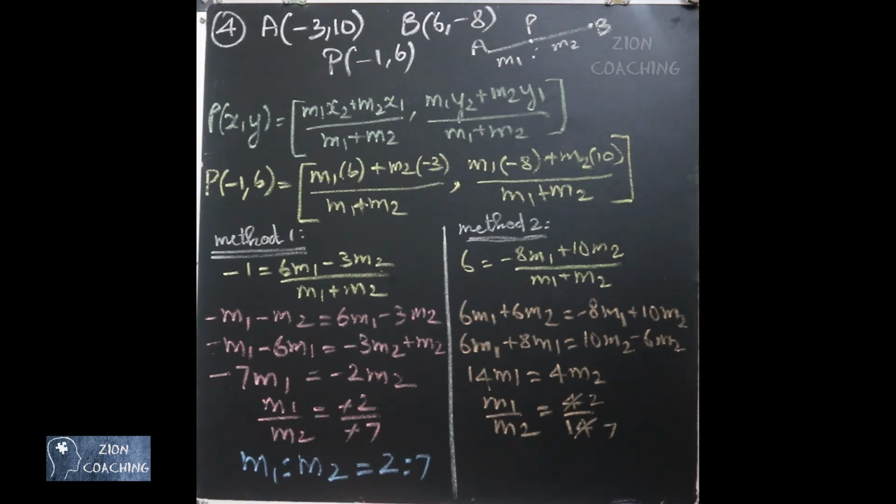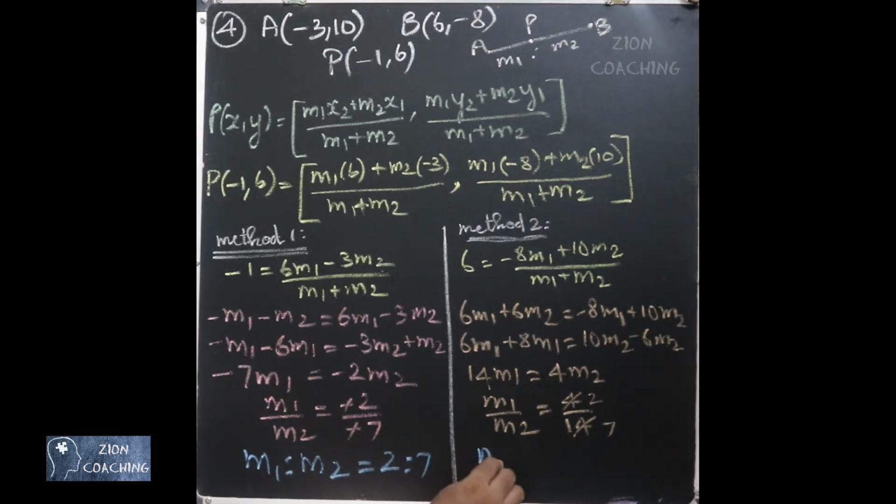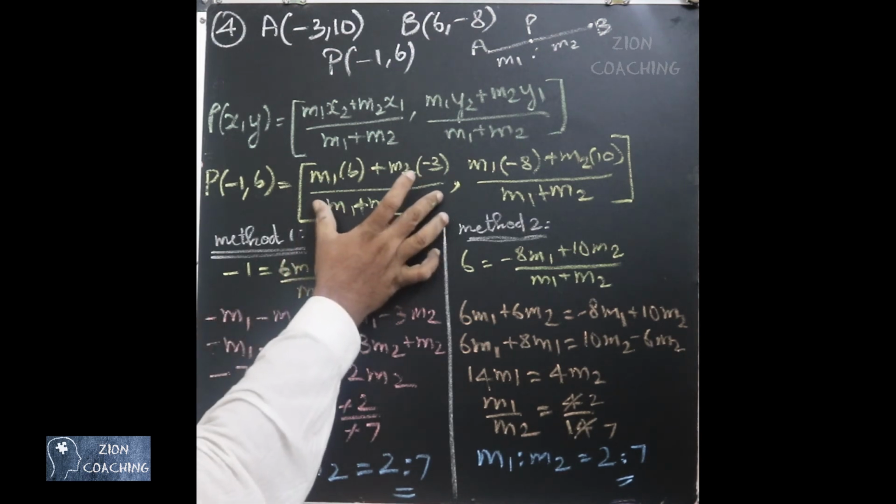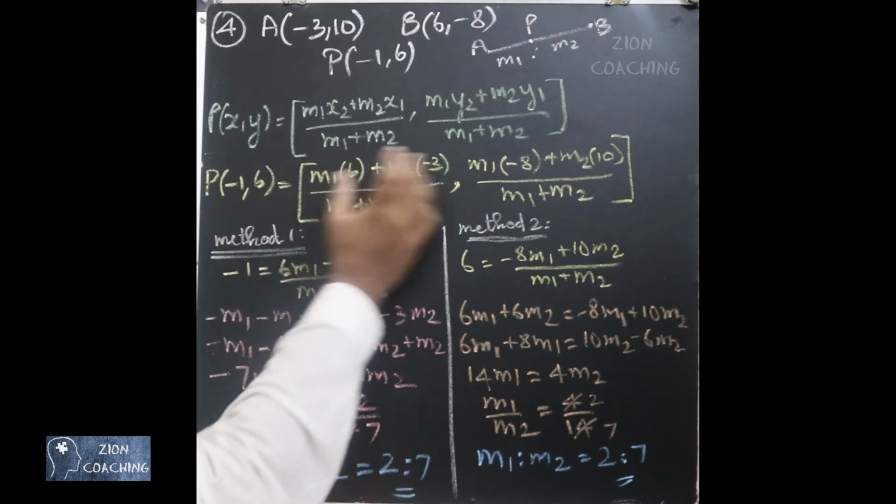Now we got the same ratio. We have found that m1 is to m2 equal to 2:7. Ratio is the same. Either you can equate the x term with the x part or the y term with the y part.